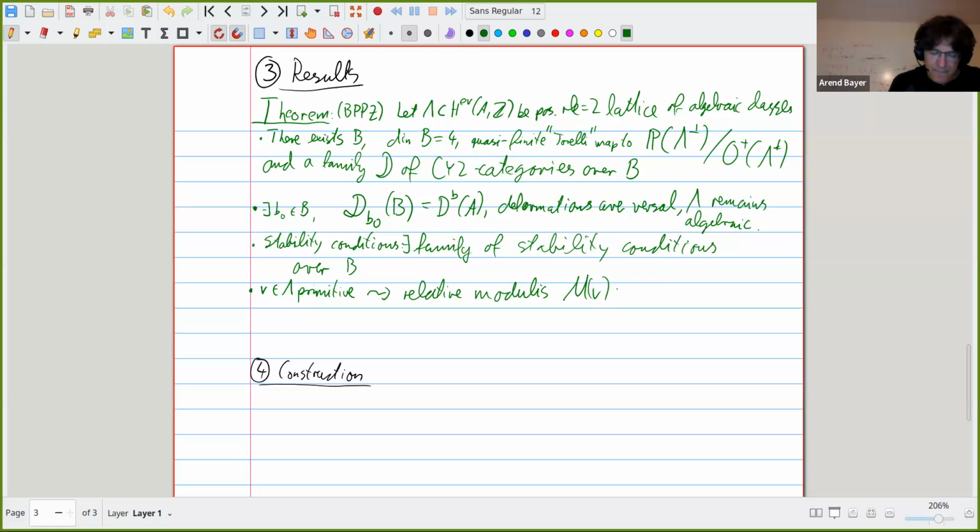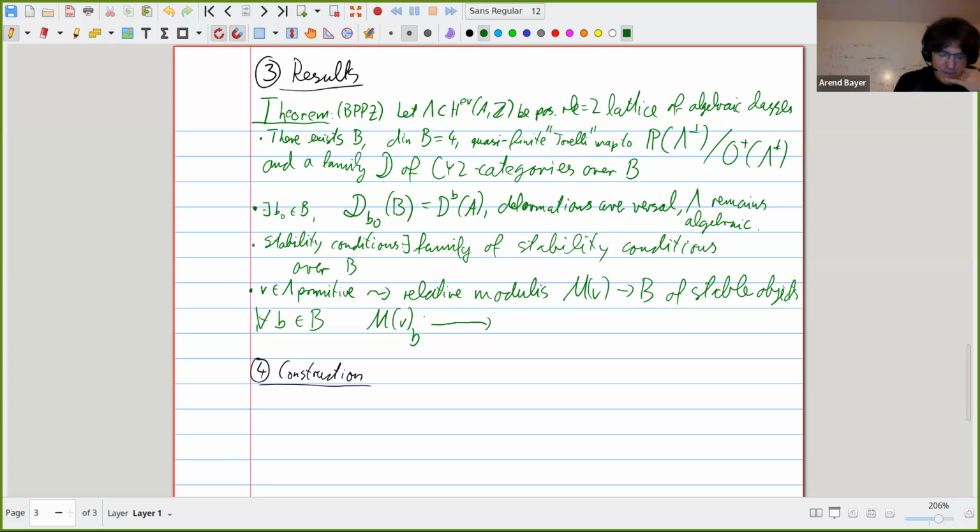M of v, of stable objects. What I mean by this is an algebraic variety with a morphism to B, so that the fiber over a given point is the moduli space of stable objects at that point. And then for every b in B, if I take the fiber, this has an Albanese map.